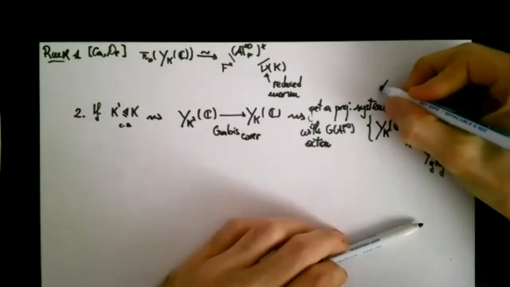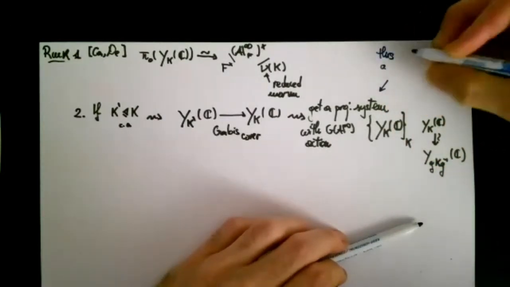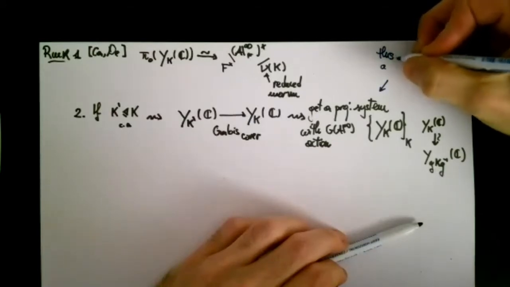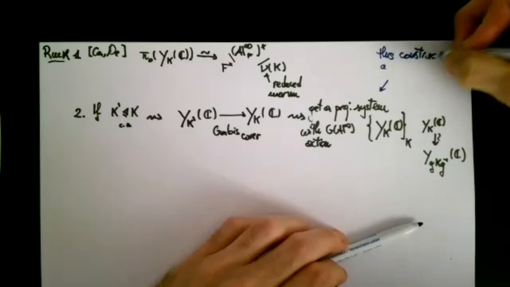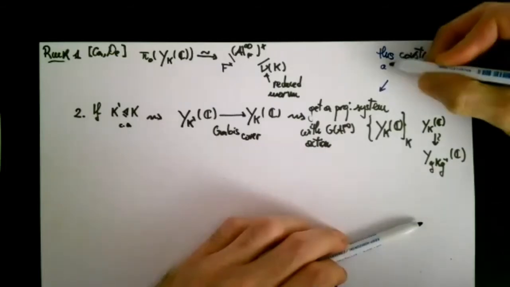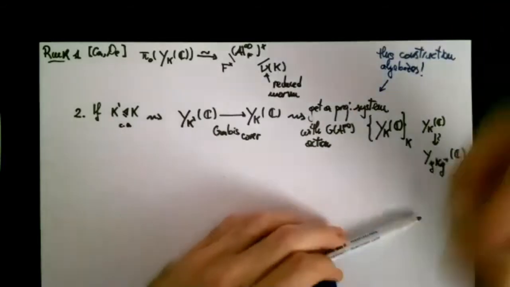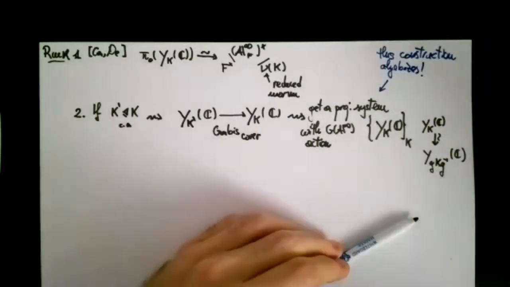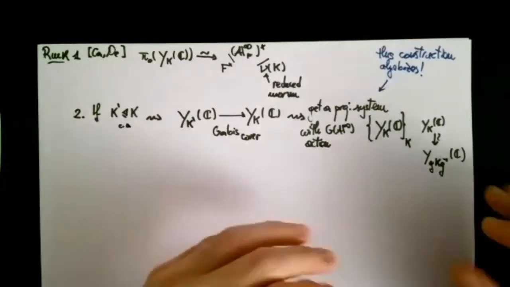So this construction algebraizes. It will always be the case, and the reference will always be Carayol and Deligne, based on the work of Shimura.